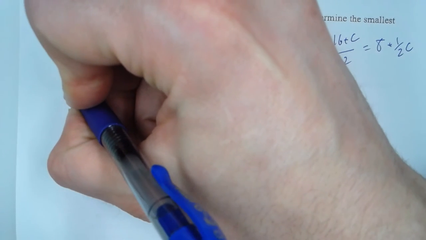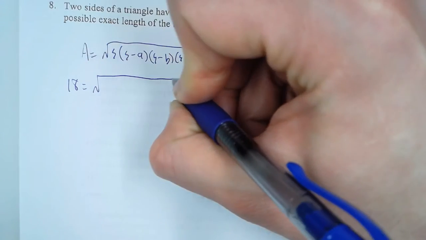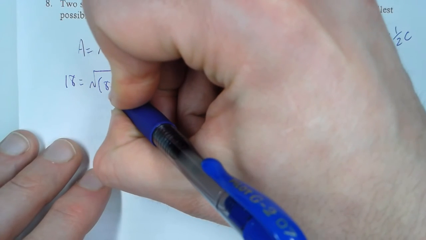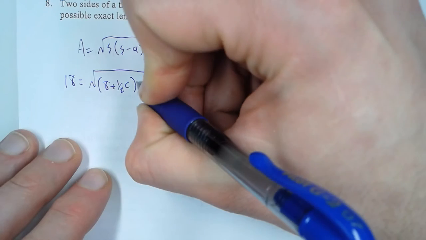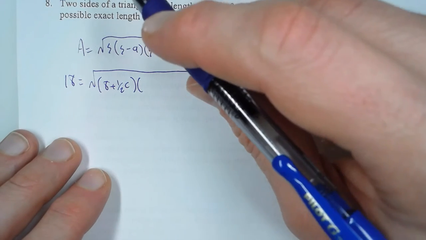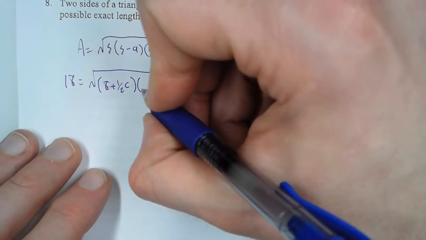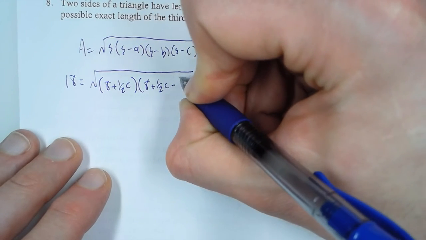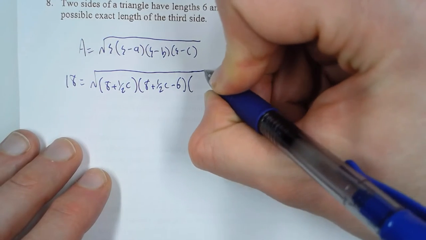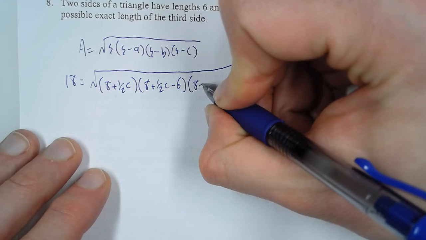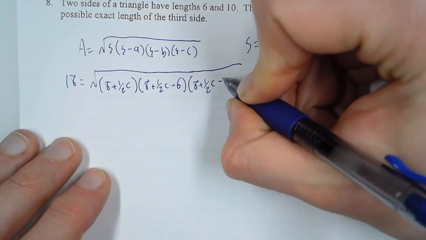So let's see what we can substitute. We know the area is 18. So the square root of the semi-perimeter, which was 8 plus 1/2 c, s minus a, so we're going to subtract 6. So 8 plus 1/2 c minus 6. Then it's going to be the semi-perimeter minus 10. So 8 plus 1/2 c minus 10.